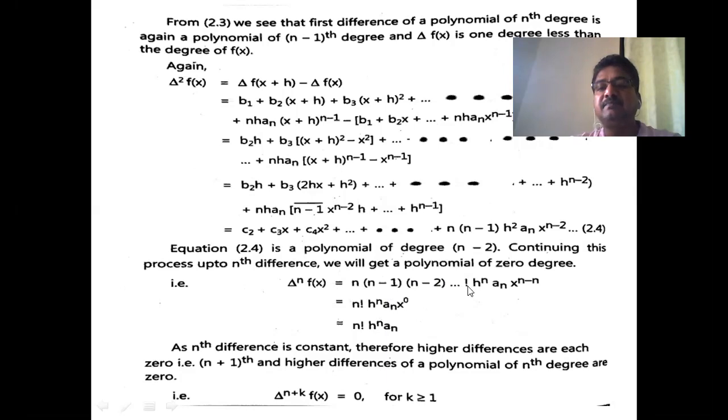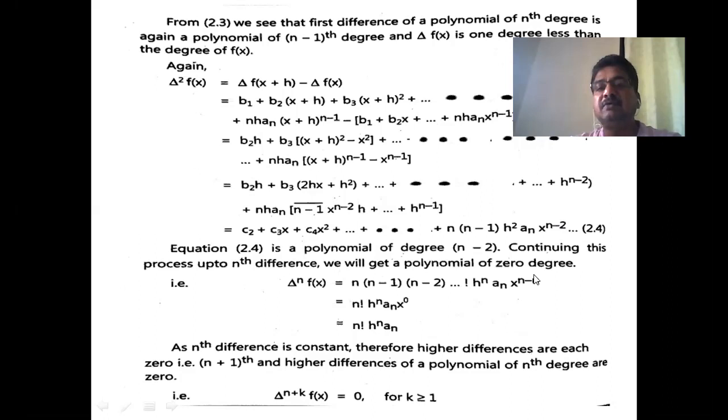h raised to n, an, x raised to, what is the power of x? Here is delta square. So what is x raised to n minus 2? What is the power of x? Delta square is there. Therefore, the x raised to n minus 2. Similarly, what is the last term of delta fx? It is x raised to n minus 1.